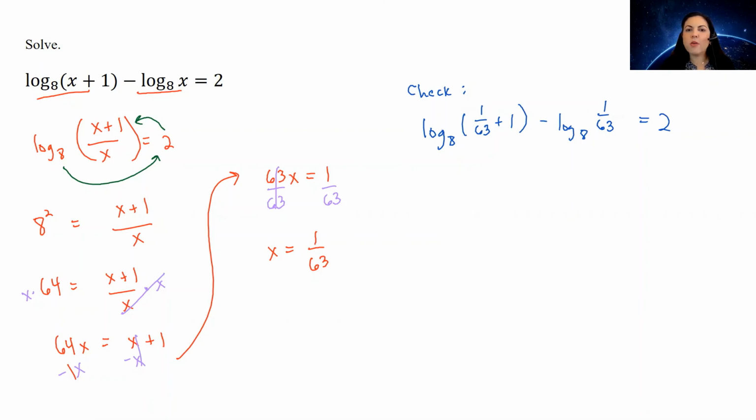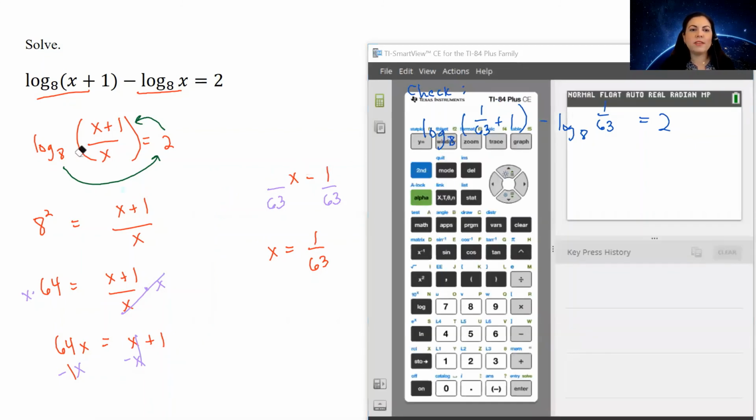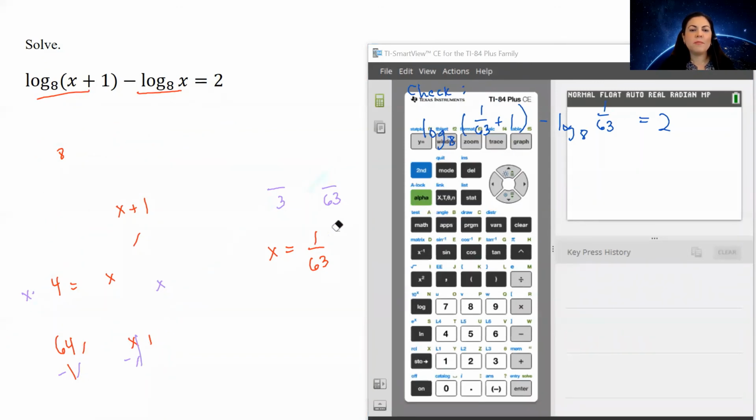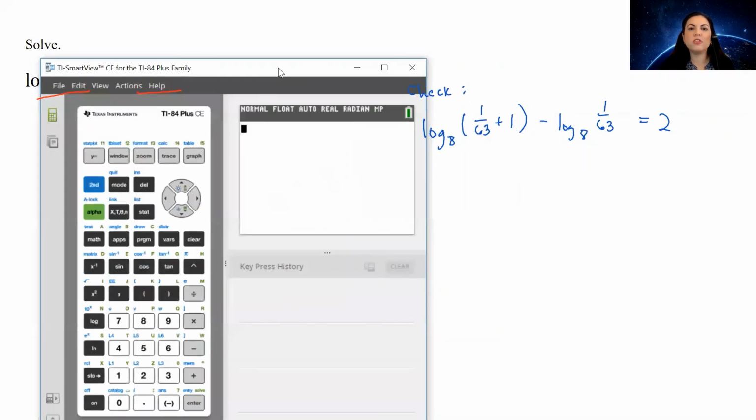I'm going to erase some of this now. Hopefully you got all that. I'm going to show us another way that we can type these logarithms. Last time, in my first or second example, I used the change of base formula. Another way, if you have this Texas Instruments TI-83 or TI-84, there is a log button here.